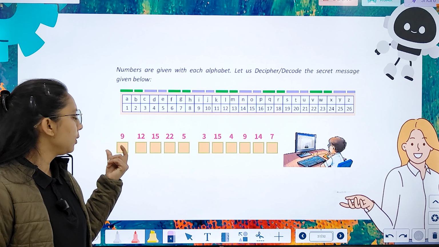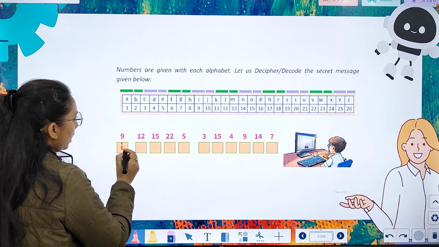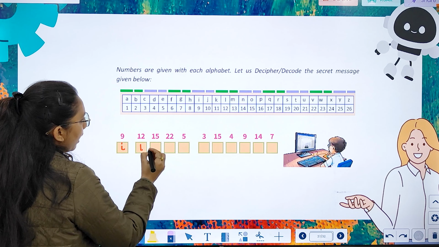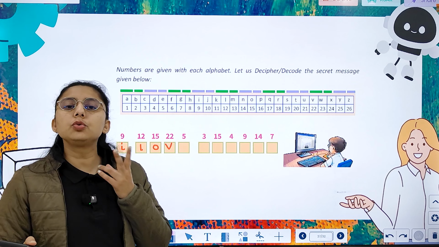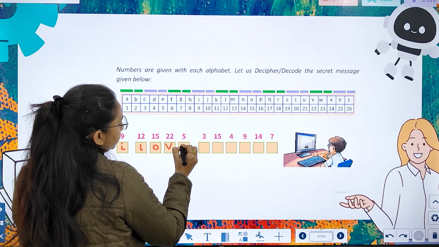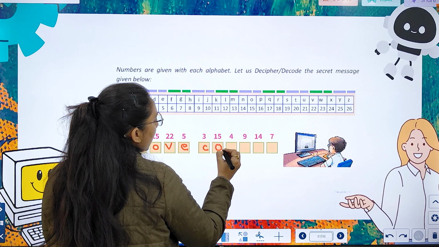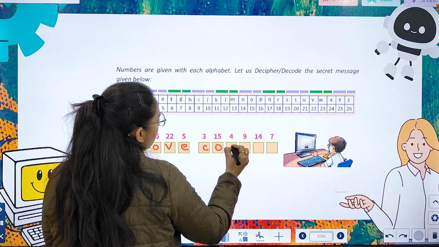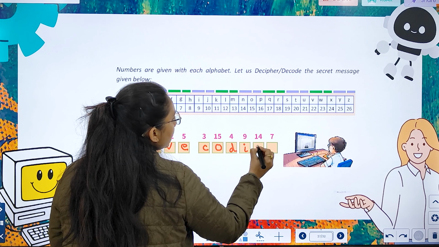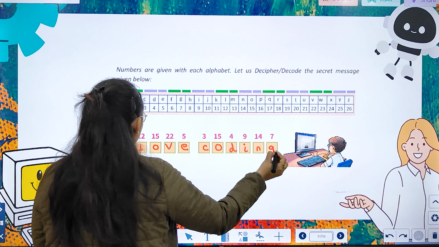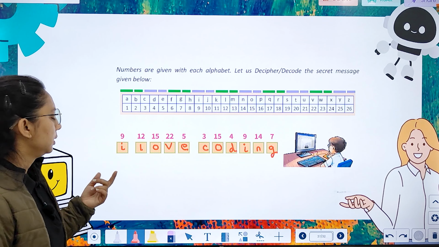Like if I tell you 9, that is your I. So you have to write I. 12 is L, 15 is O. I have told you V means 22. 5 is E. 3 is C, 15 is O, and 4 is your D. 9 is your I, 14 is your N and 7 is your G. So, I love coding. It is the code of this.